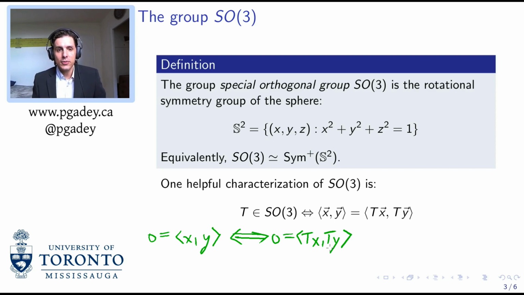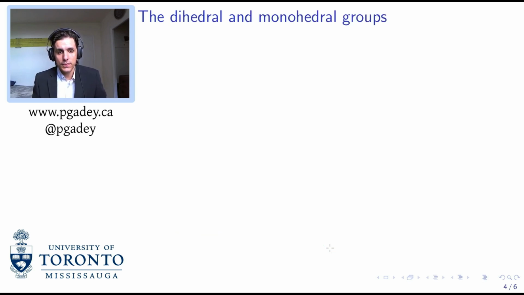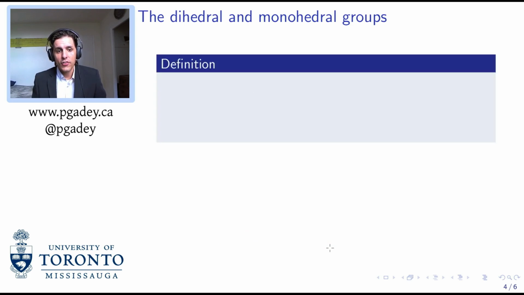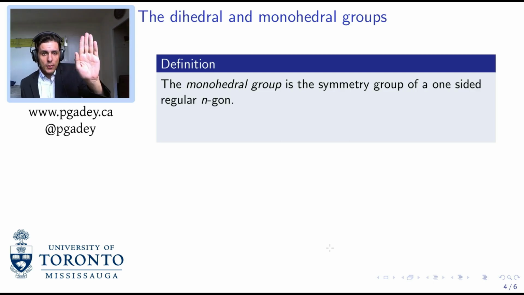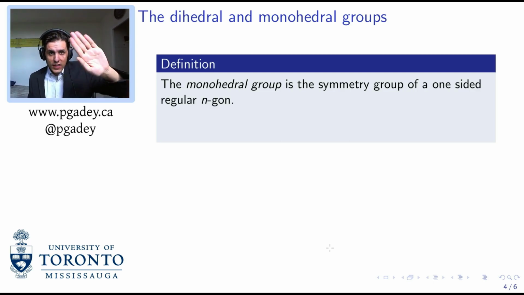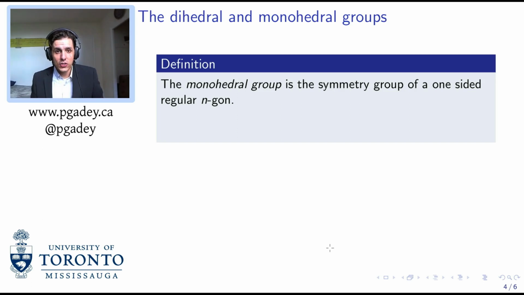Now let's get into the dihedral and monohedral groups. The monohedral group is the symmetry group of a one-sided regular n-gon. So it's an n-gon that lives in the plane. We can rotate it around, but we can't turn it over.